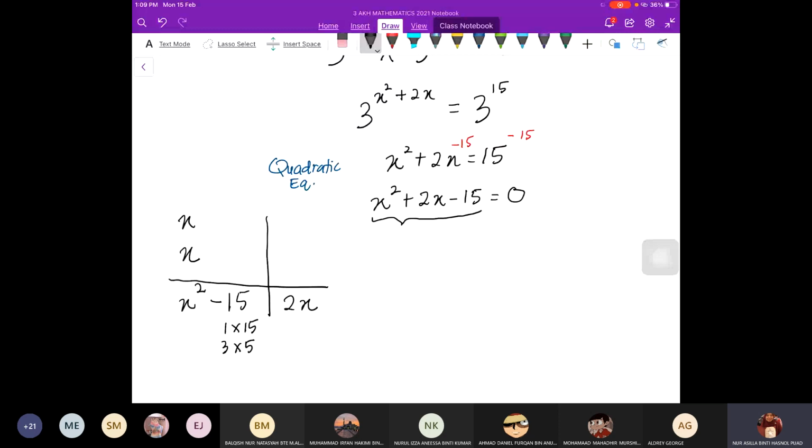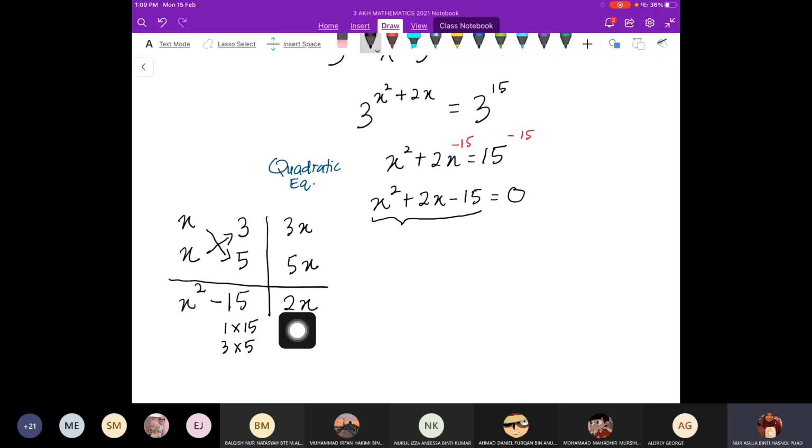Okay. Jadi kalau kita tengok kat sini adalah 2x. So likelihood yang tinggi adalah 3 dengan 5. So we put 3 times 5, 15. And then cross. X times 3, 3x. X times 5, 5x.